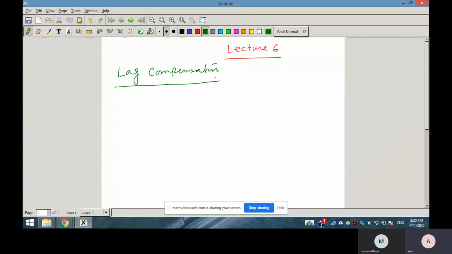So lead compensators, we saw, are used to provide phase lead as well as gain amplification. Lead controllers are used to speed up the response, or if a system suffers from poor phase margin or damping ratio, because phase margin is equivalent to damping ratio.